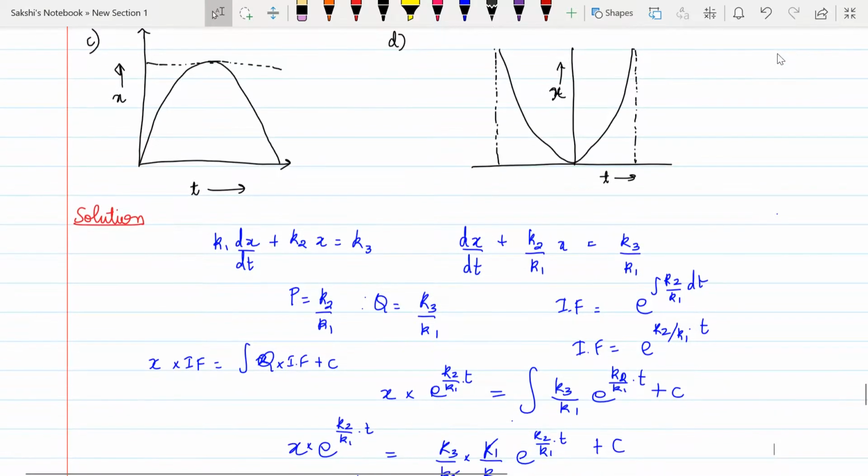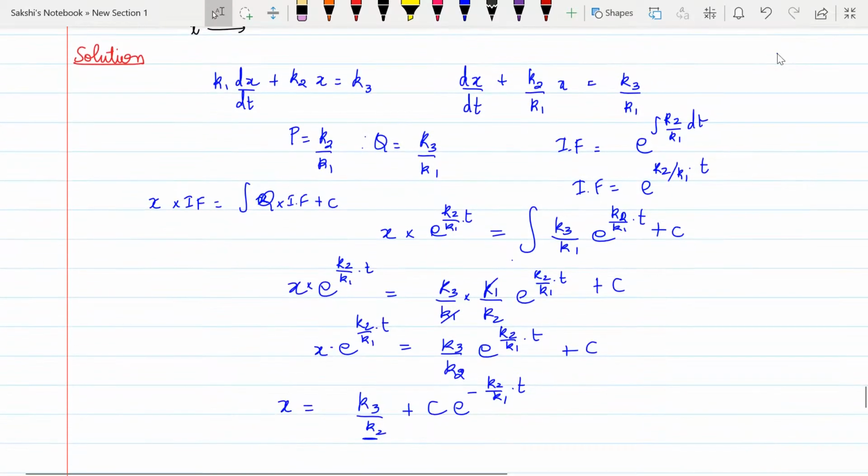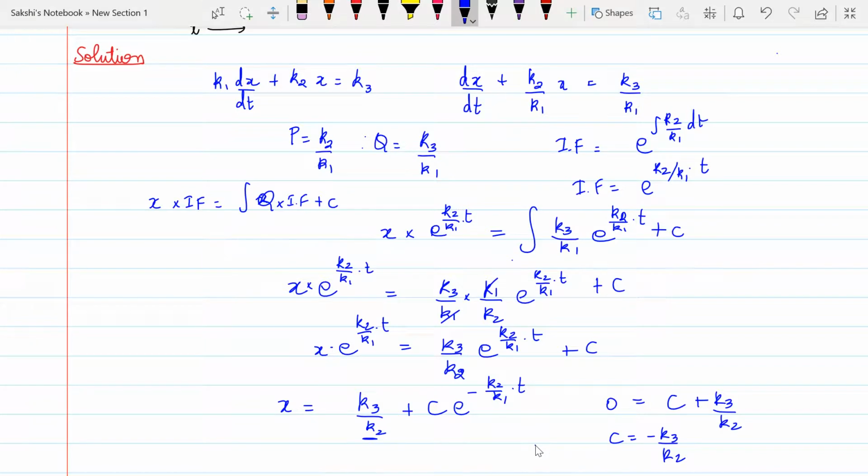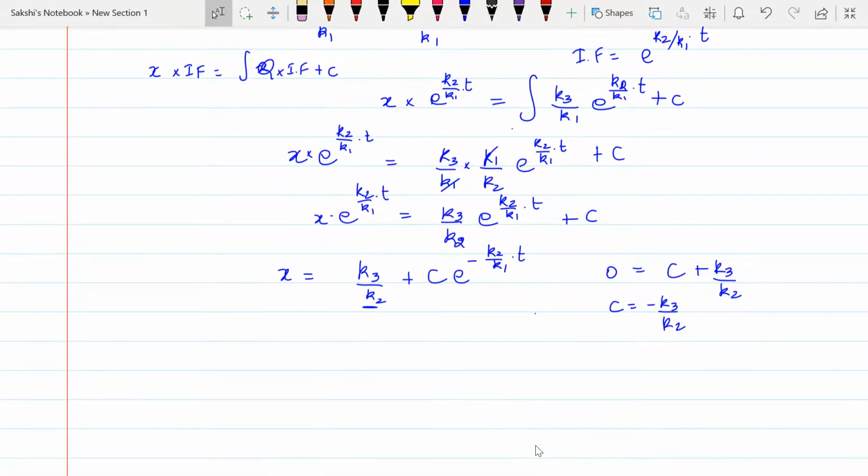So x is equal to 0 when t is equal to 0. So this will be c plus k3 by k2. Therefore c will be minus k3 by k2. Right. So when I substitute c is equal to minus k3 by k2, I'm going to get my x as, I can take k3 by k2 outside, and I can write this as 1 minus e power minus k2 by k1 into t.